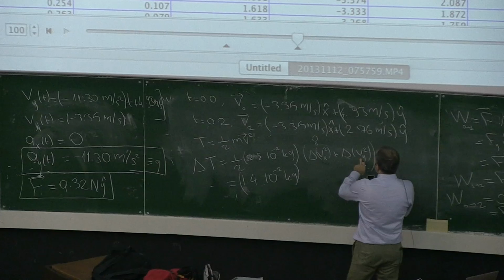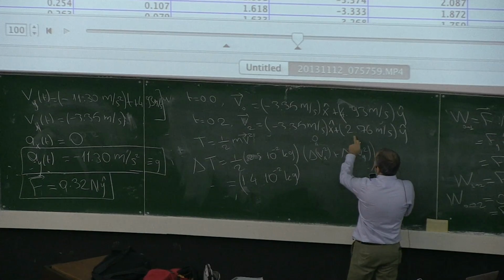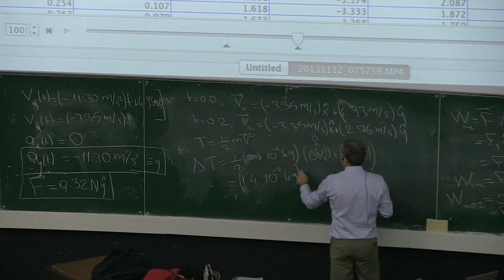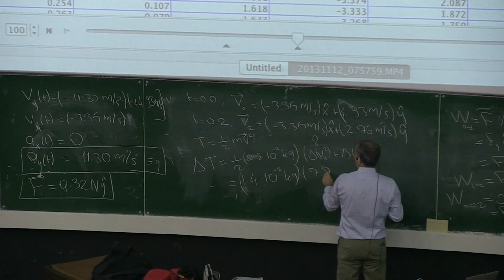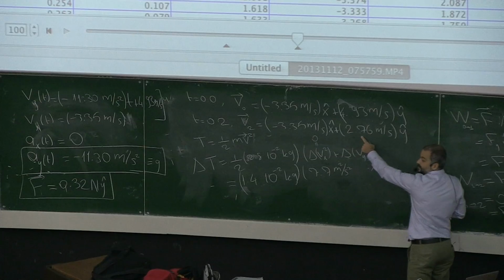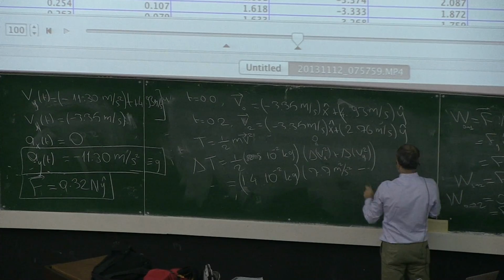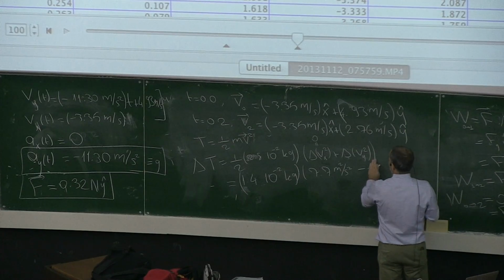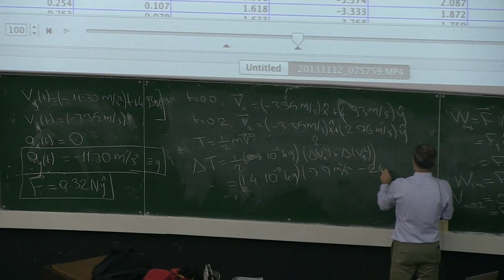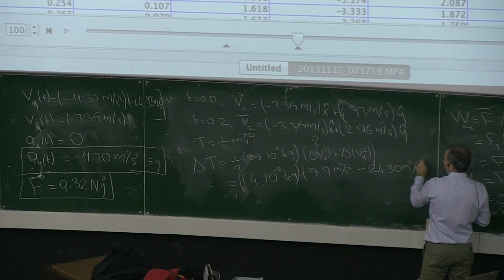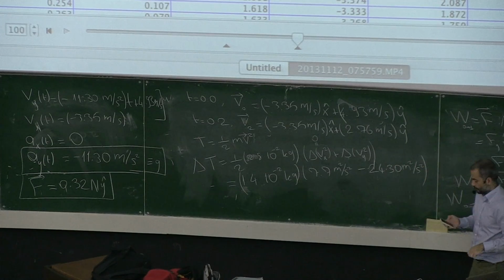The square of it is 7.7 meters squared per second squared. This is this number squared minus 4.93 squared, which is 24.30 meters squared per second squared.